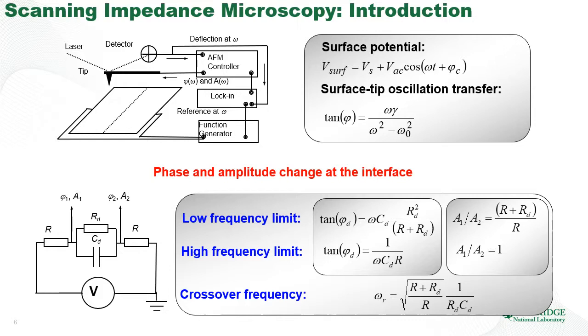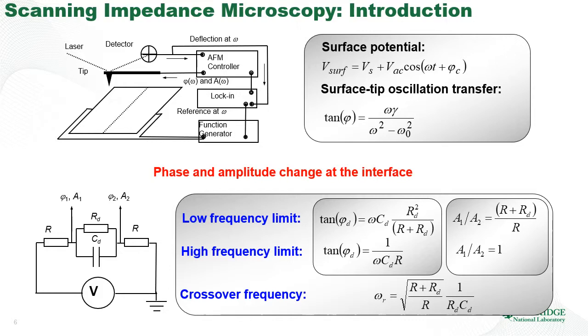So the DC bias is applied to the probe and the AC bias is applied across the sample. And in this manner, we measure the change in the amplitude and phase of the AC bias flowing across the sample. And this allows us to map both resistive and capacitive elements of the equivalent circuit.